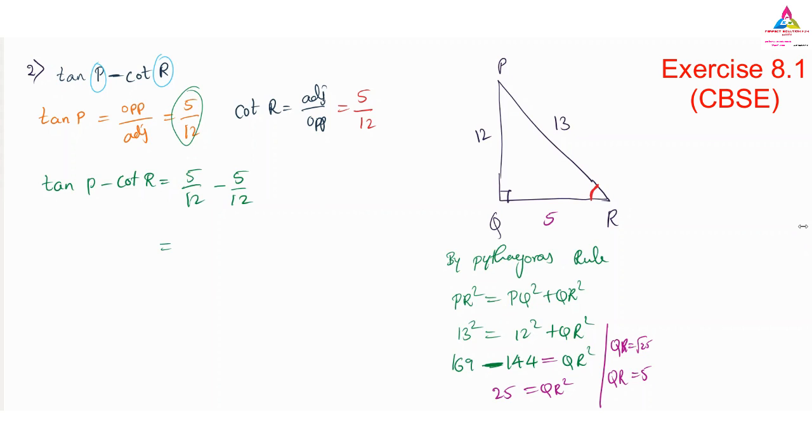What is the answer? 0, sir. It will be obviously 0 because nothing will remain. One is positive, one is negative, both of them will get cancelled. So the answer will become 0. So the answer for us is tan P minus cot R is nothing but 0.